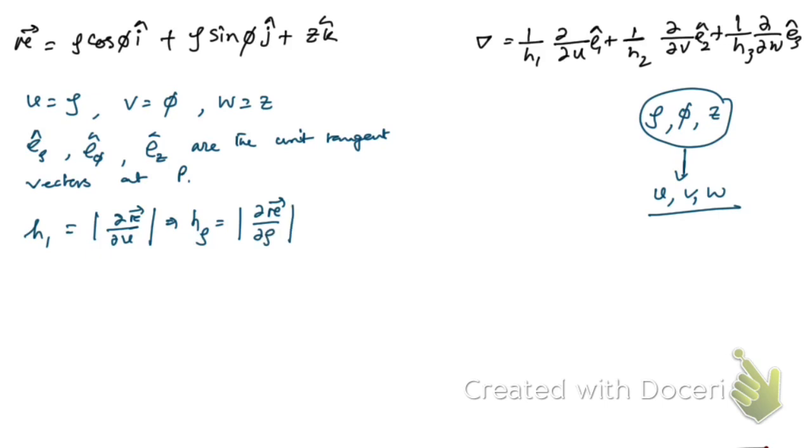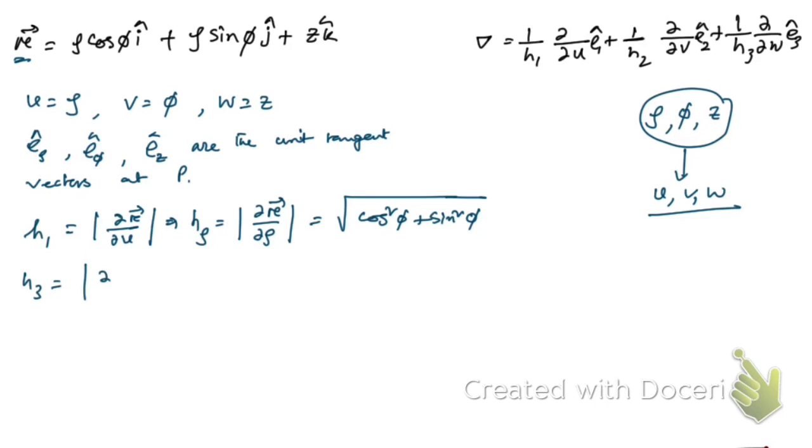If we differentiate with respect to rho, the derivative of the z component is 0, so we're left with cos phi i cap plus sin phi j cap. Its magnitude will be root over cos square phi plus sin square phi plus 0 square.